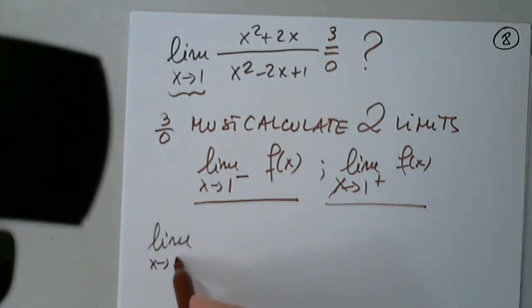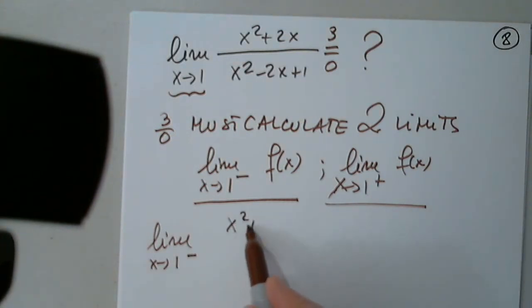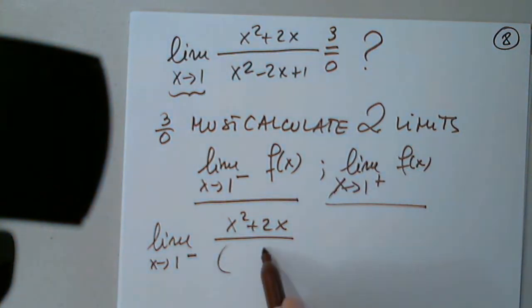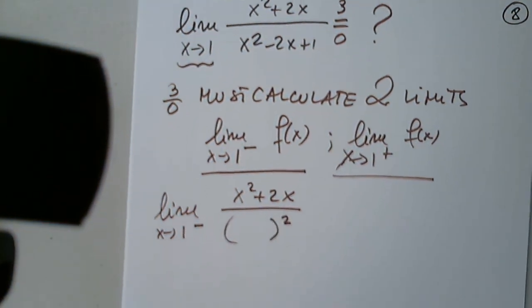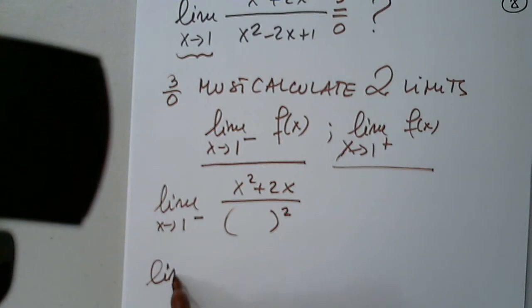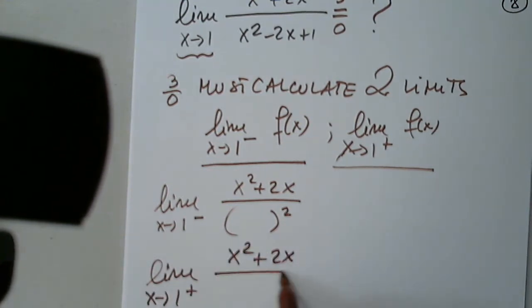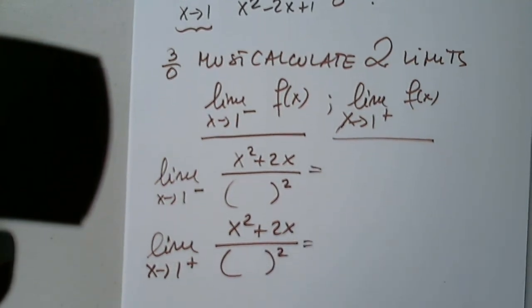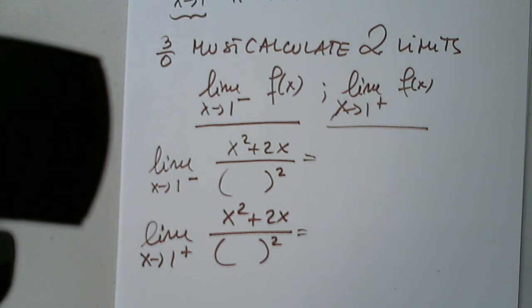Okay, so limit as x approaches 1 from the left of x squared plus 2x. And I like to write this. Anyone remembers how to write that? That's your hint. For simplicity, I would like to change that.